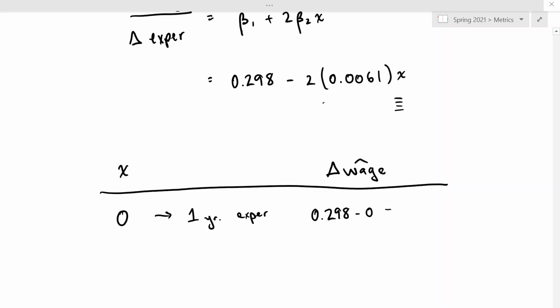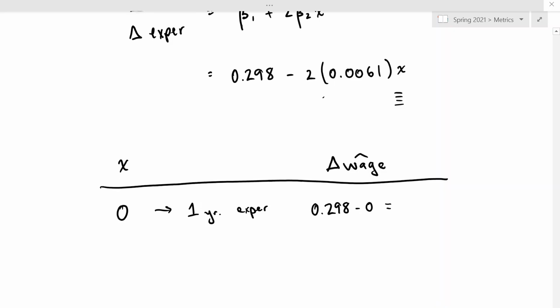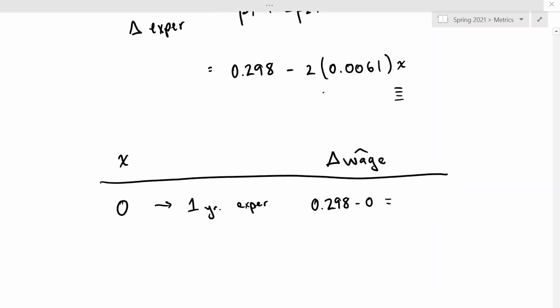So minus 0. And remember, wage is measured in hourly wage, so it's measured in dollars. Going from 0 years of experience to 1 year of experience, that's just going to be equal to 29 cents. So with no experience, you're starting out at basically 30 cents.